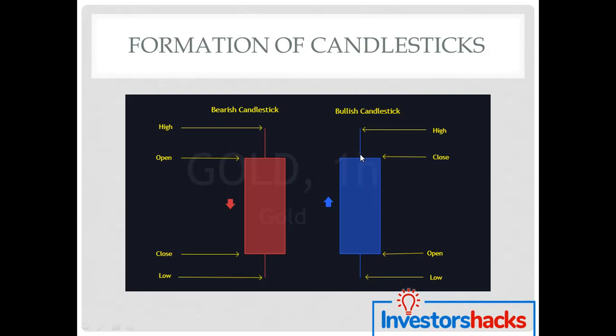Then it retraced back to create the upper wick or the upper shadow, and it closed at this point. Therefore, with candlesticks, you can see it's very easy to follow the movement of price of a particular asset, security or currency pair, and it becomes easier for you as a trader to follow the movements of these candlesticks.